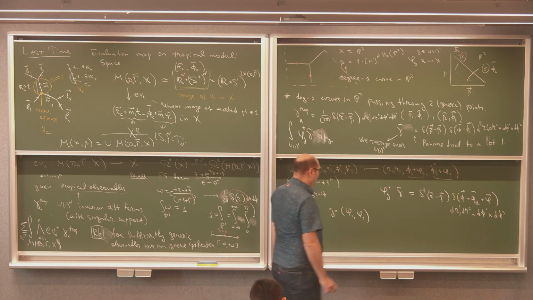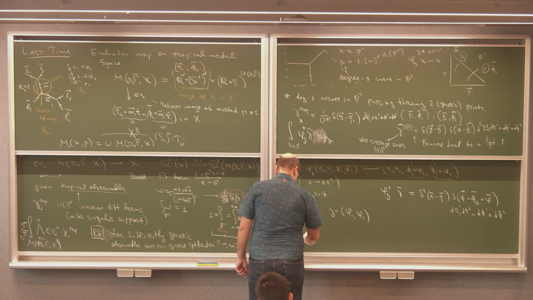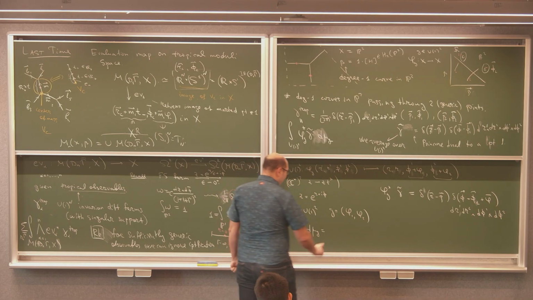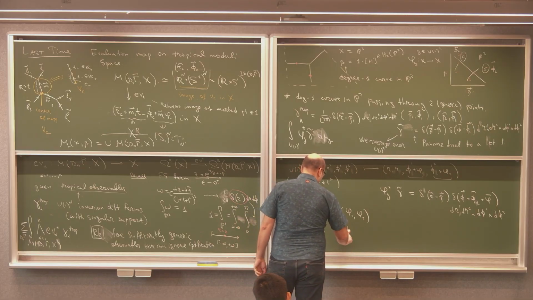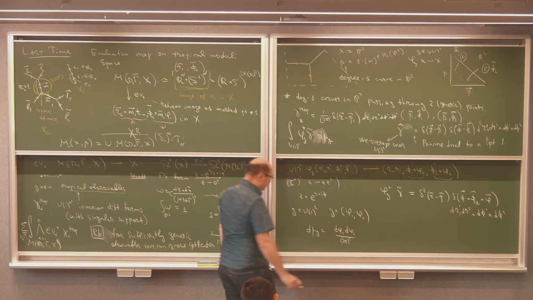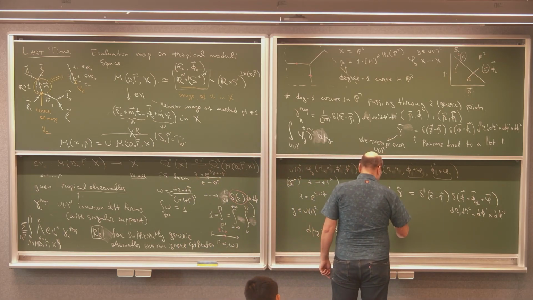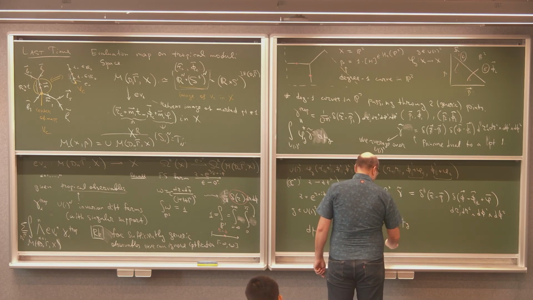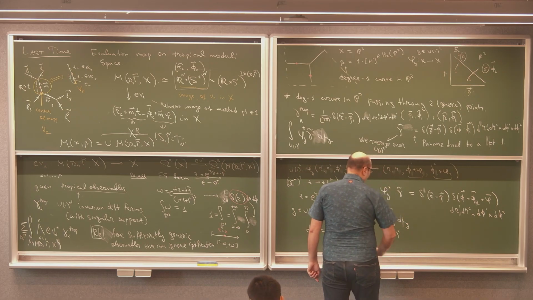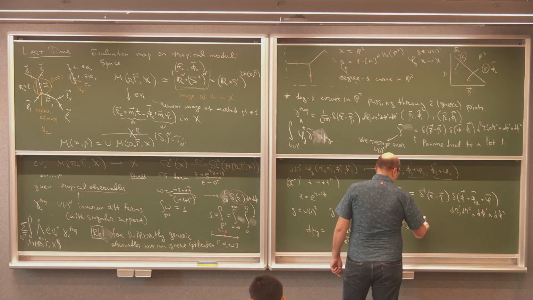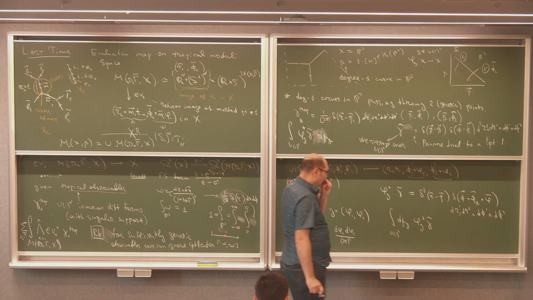And now the Haar measure on the group G normalized by 1 is very simple. It's dphi1 dphi2 divided by 2 pi square. So then what we do, we integrate over the Haar measure on U1 square of phi star gamma tilde.